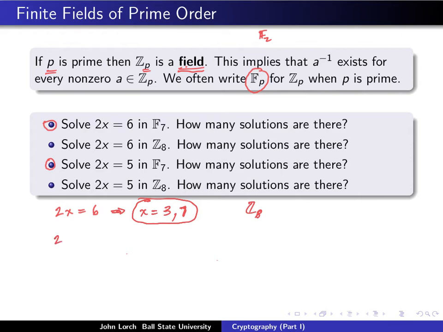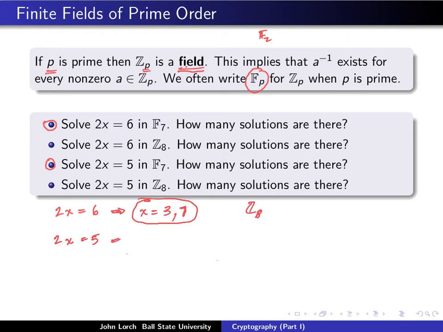Now let's go down and try 2x equals 5. Okay, so I ask you now, maybe you want to pause the video and try plugging in every value of x in Z8. So that would mean plugging in x equals 0, x equals 1, x equals 2, up through x equals 7.